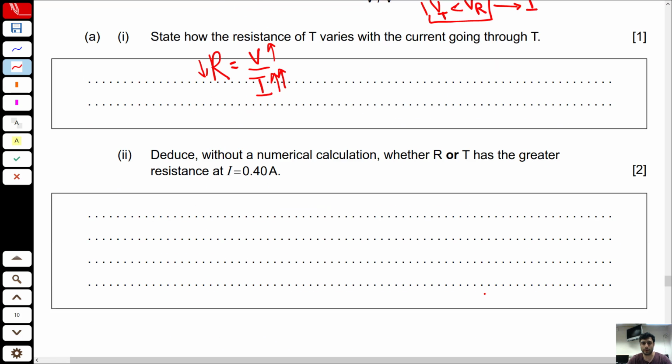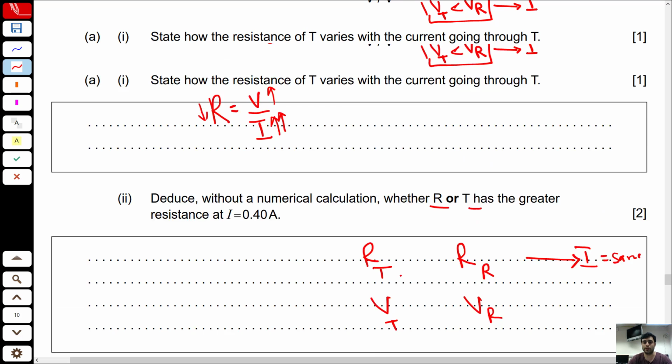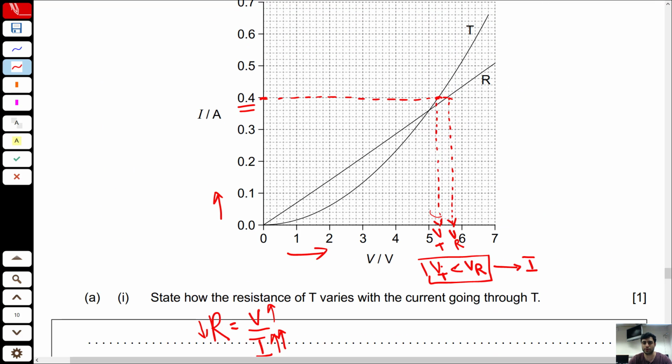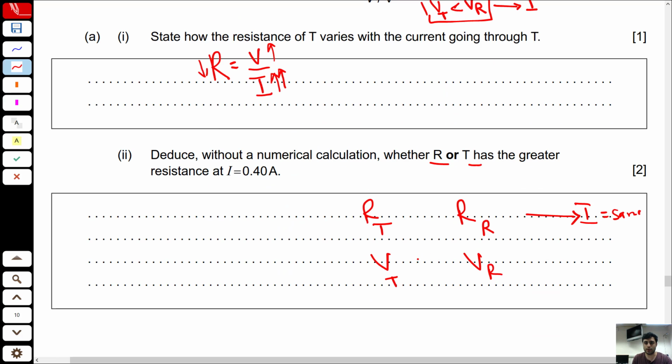Let's go back to the calculation here. We want to know whether R or T has the greater resistance. When the current is the same for both of them, we have the voltage across R and the voltage across T, and we just found out from the graph, by a simple comparison, that the voltage across T is smaller than the voltage across R. As we know, the resistance formula is voltage over current.